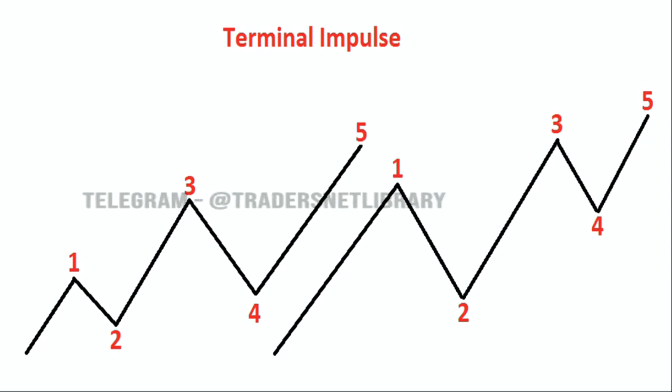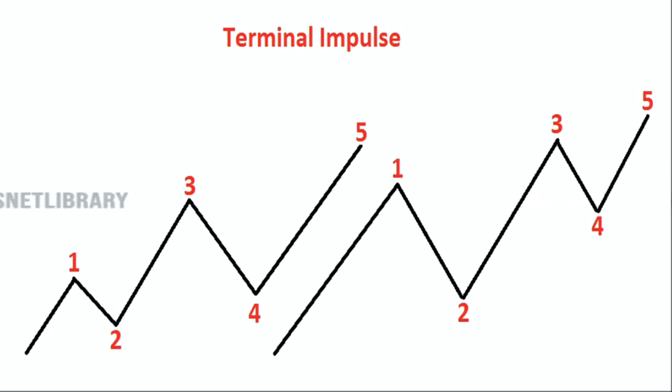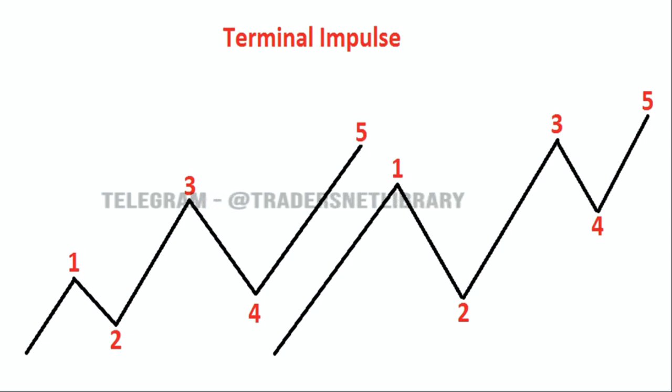After drawing the trend lines from points 2 and 4 and points 1 and 3, we can see them convergent or divergent. Each of waves 1 and 5 can be extended, but we will never have a double extension in waves 1 and 5 in the terminal impulse waves.